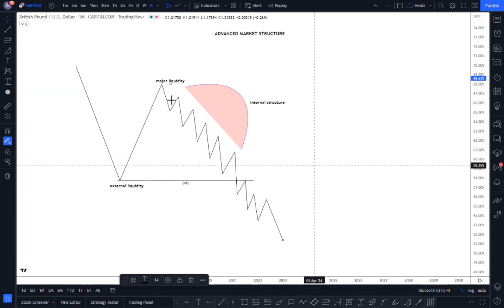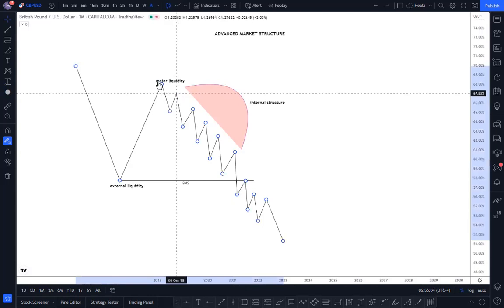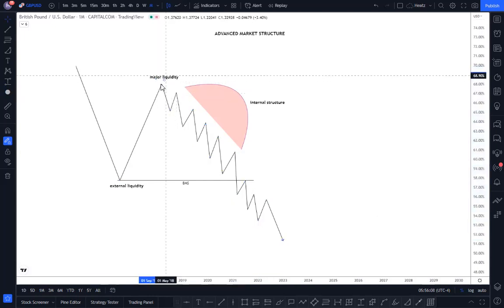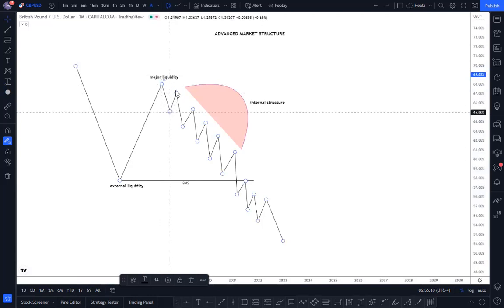So now, we also have mitigation of the internal structure. And this is how it happens. So let's say with this particular formation here, you could tell that with every defined range, price gives a deep pullback back into the range. From this high here to this low here, price gave a defined pullback into this range here.